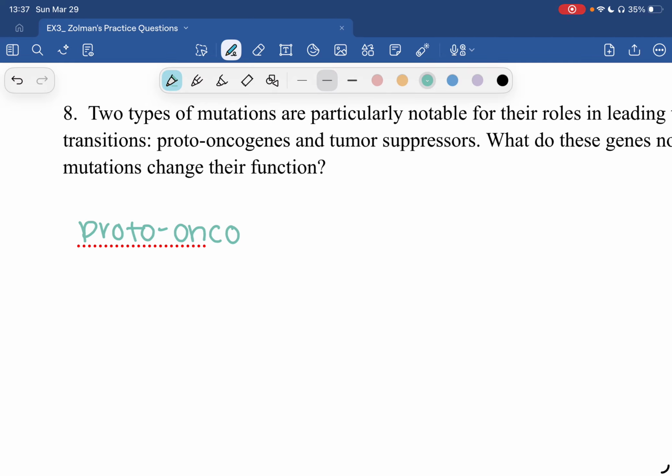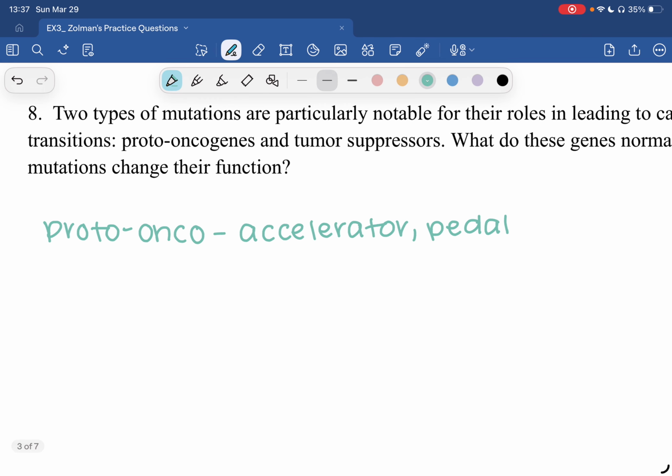And these are the ones that are the accelerator pedal for cell growth. So normally these genes help cells grow and divide and make a new cell, or they just help it stay alive.